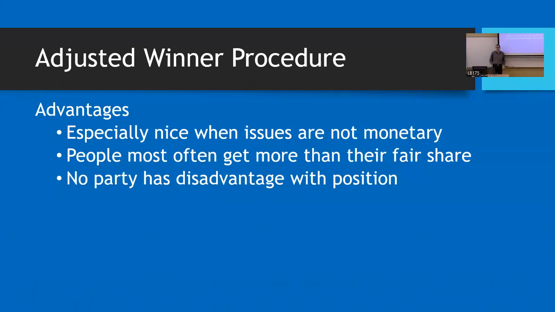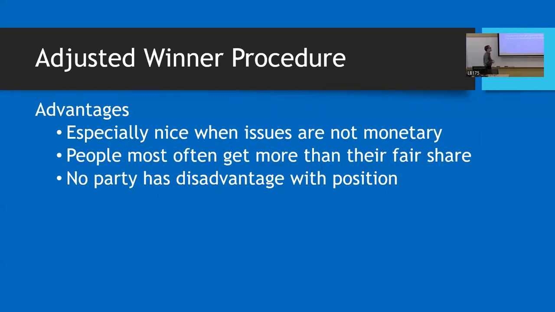Now, obviously there's some big advantages here. The two that I've been harping on are the 2 bullet points here. People most often walk away with more than their fair share. Like every individual walks away with more than their fair share.